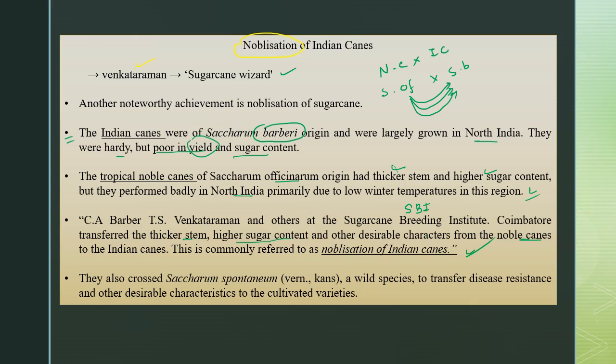They also used Saccharum spontaneum, a wild species, to transfer disease resistance. This may come in matching questions: disease resistance from Saccharum spontaneum, and thicker stem and higher sugar content from Saccharum officinarum.